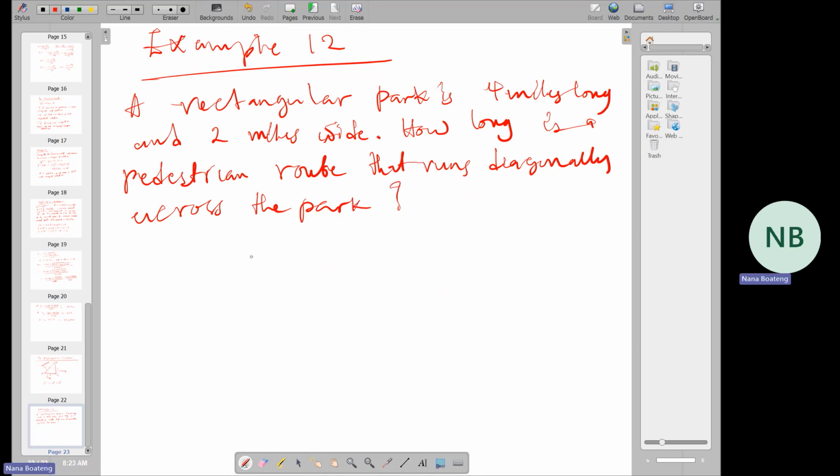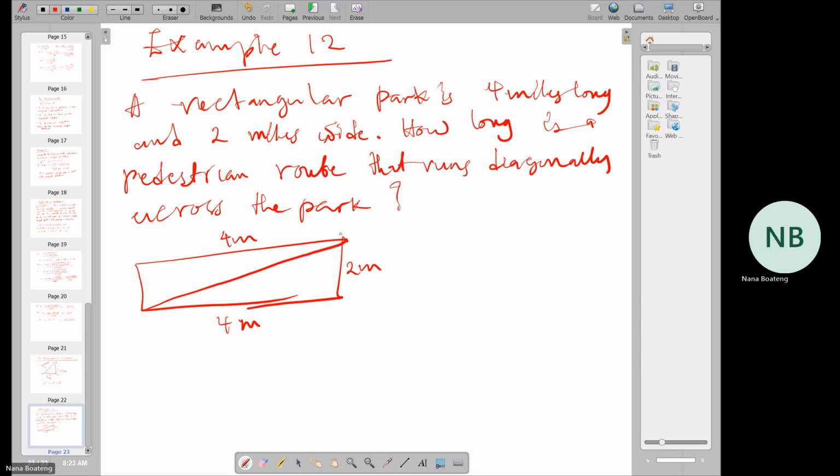All right, so we have a park that is rectangular in shape, 4 miles long and 2 miles wide. And we want to find the length of a pedestrian route that runs diagonally across the park.